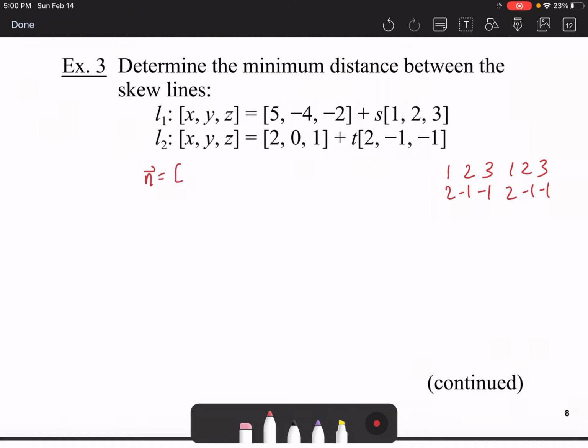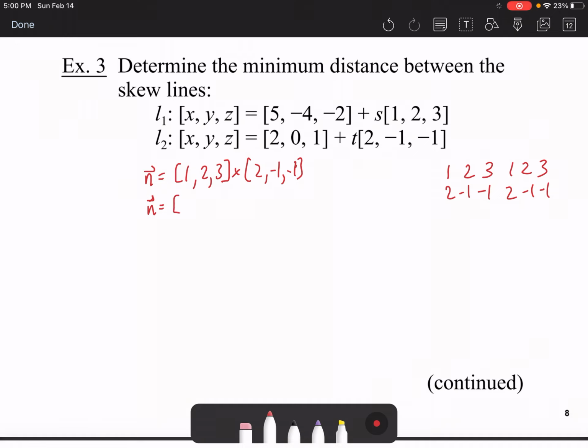My normal is going to be the cross product of 1, 2, 3 and 2, negative 1, negative 1. Pause the video, work out your cross product.